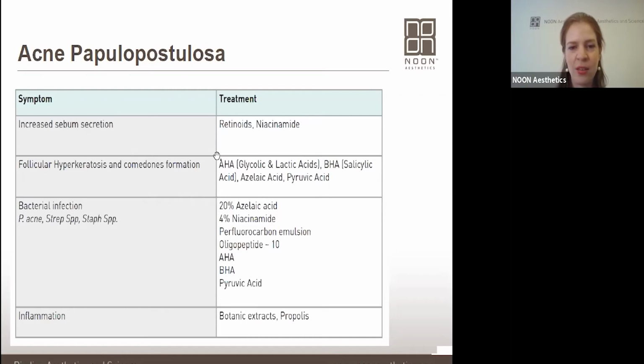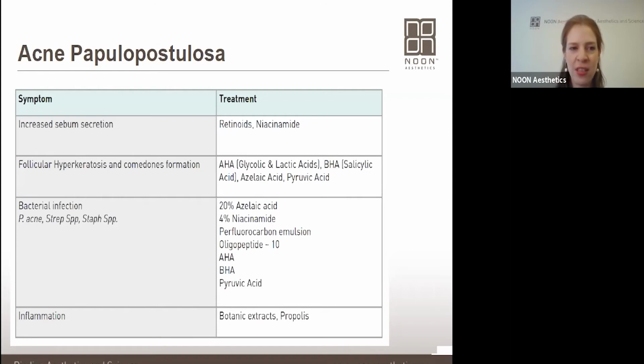We can treat it with the next ingredients. You can see we can treat it with 20% azelaic acid, niacinamide, perfluorocarbon emulsion that we already know, also the niacinamide we saw in the acne solution, oligopeptide 10 that we saw, alpha and beta hydroxy acids like in the hydrogel, and pyruvic acid.